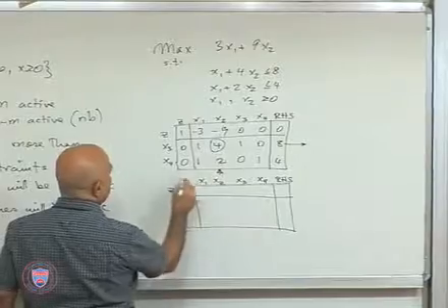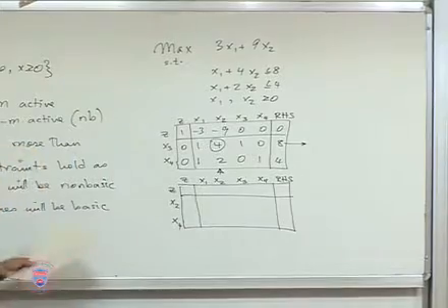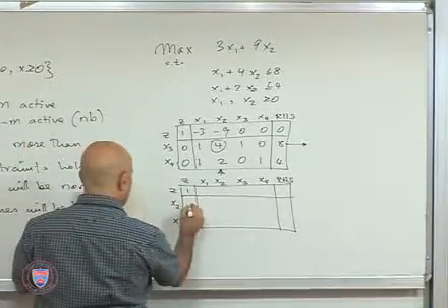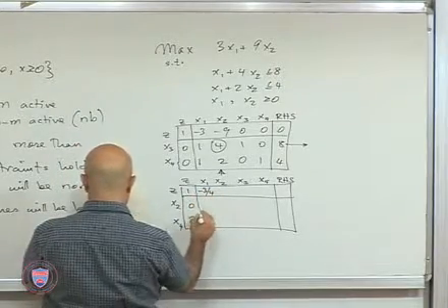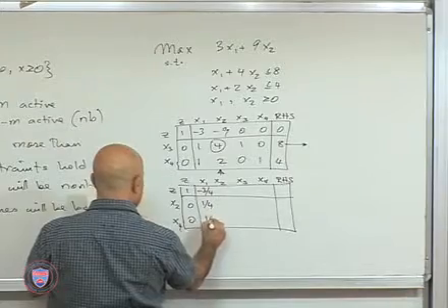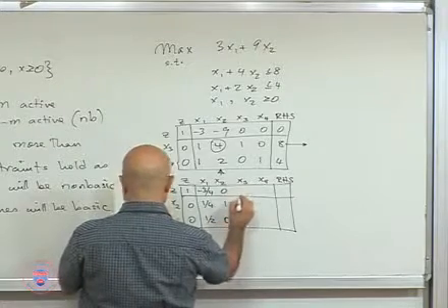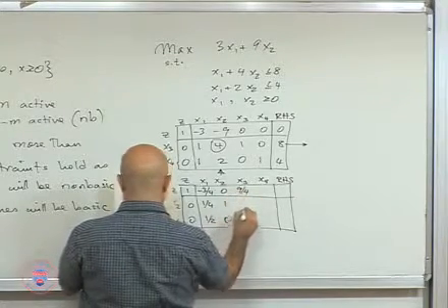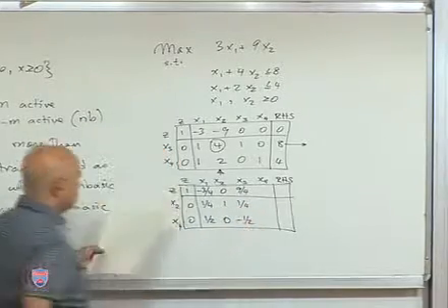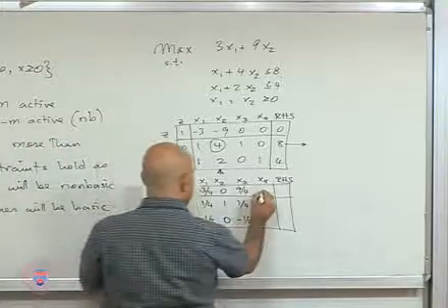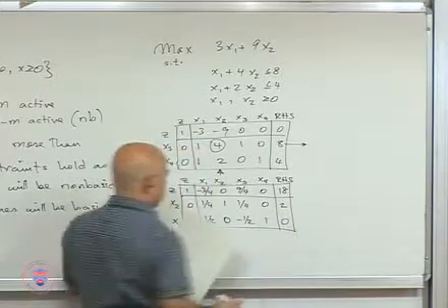By replacing x3 by x2, the new solution you have is 1, 0, 0, minus 3/4, 1/4, 1/2, 0, 1, 0, 9/4, 1/4, minus 1/2, 0, 0, 1, 18, 2, 0.